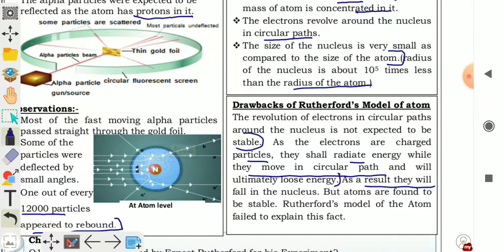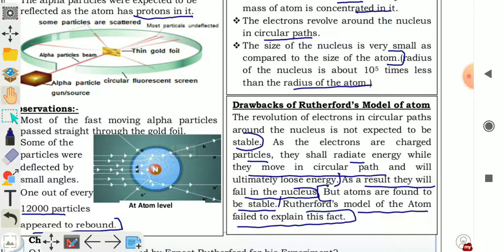As a result, they will fall in the nucleus. But atoms are found to be stable. Rutherford's model of the atom failed to explain this fact. So this is the drawback or limitation of Rutherford model of atom.